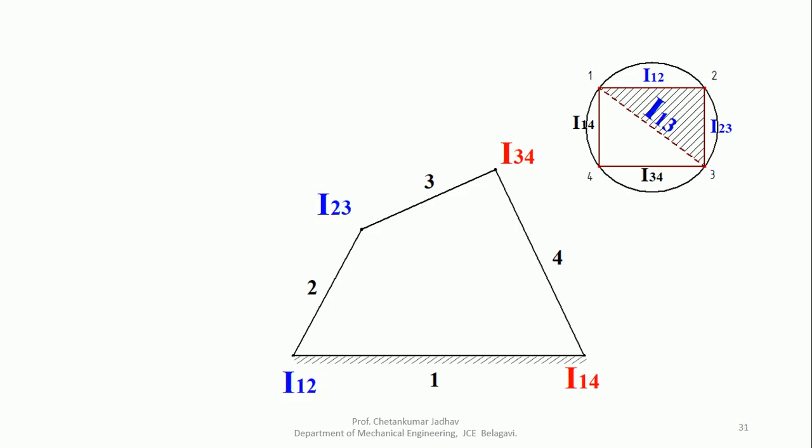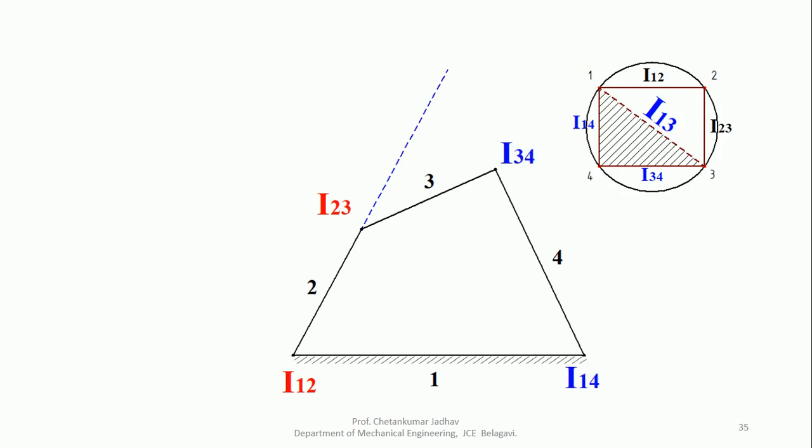Then we will draw a dotted line passing through instantaneous center I12 and I23 as shown in the figure. Similarly, the instantaneous center I13 is also a part of lower triangle, that is 1, 4, 3. From the figure it is clear that the instantaneous center I13 is also present on the extension of I14 and I34.